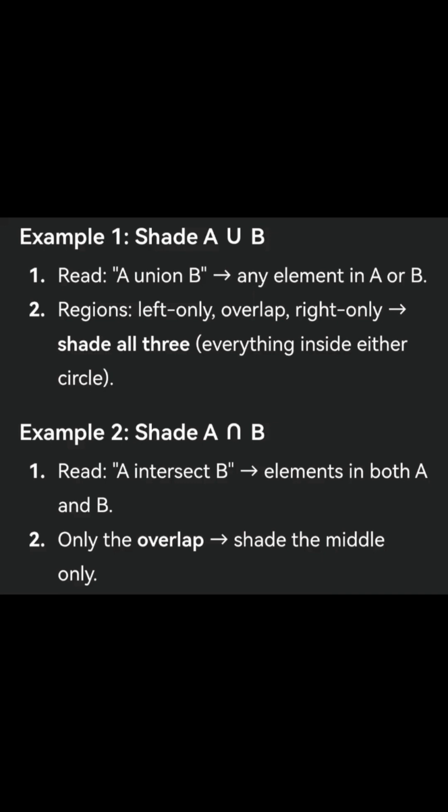For instance, we have shade A union B. What does this mean? Read A union B. We are taking the practical or the literal meaning. Any element in A or B. I told you, if you see anything like A union B or C union without any complements, no circles, just go straight to them and shade them with the idea of the properties of the sets: intersection, union, and complement.